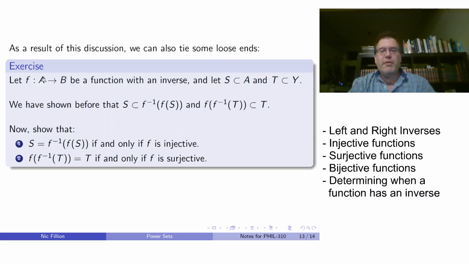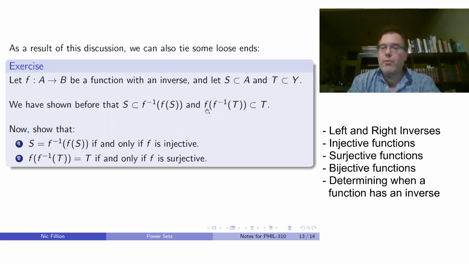We have proved before that if f is a function from A to B, and this function doesn't need an inverse, I don't know why I wrote that, but S is a subset of the domain, T is a subset of, should be of B, of the codomain. Of course, it should be B, not Y, right? Then we found out that S is a subset of the preimage of the image of S.